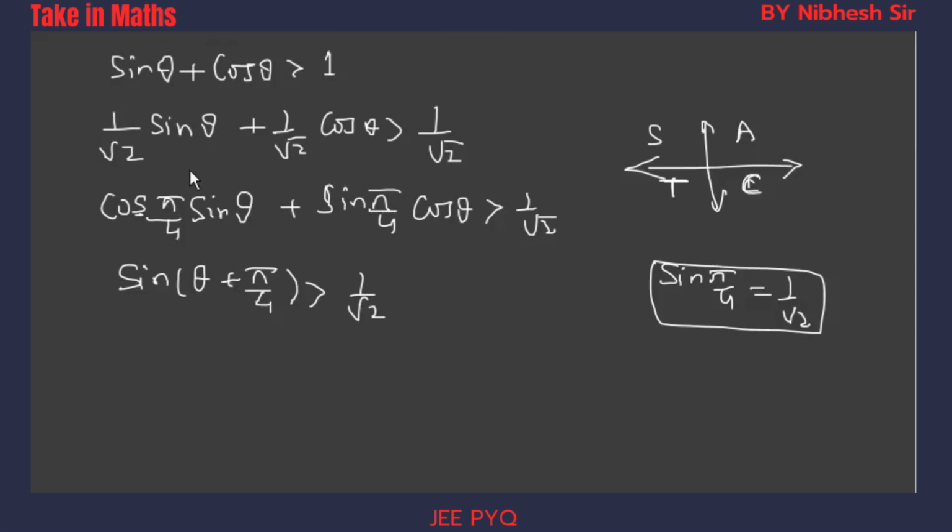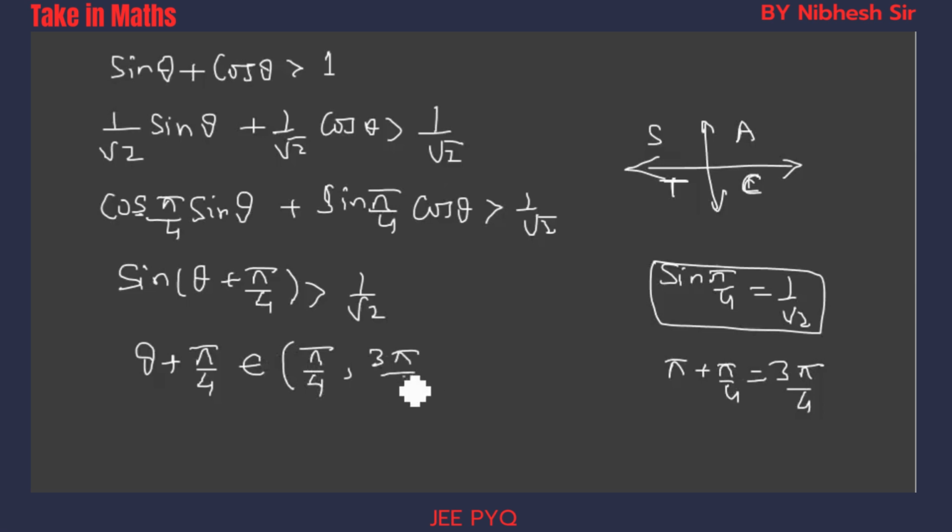So theta + pi by 4 has the value pi by 4 in the first quadrant, and in the second quadrant it will be pi minus pi by 4, that is 3 pi by 4. Since it is a greater than sign, I use the open interval.